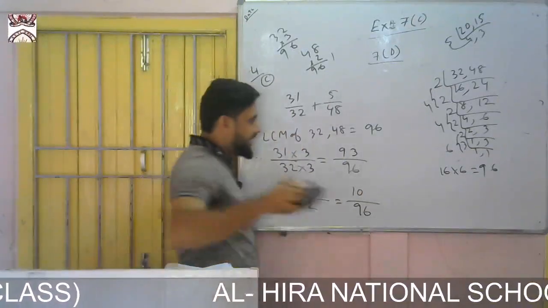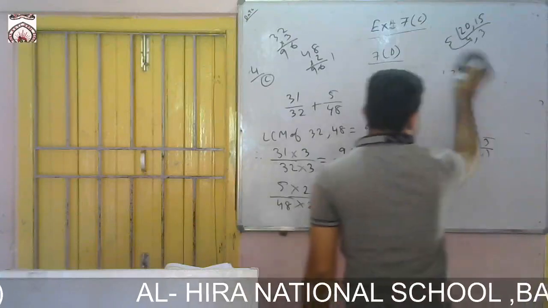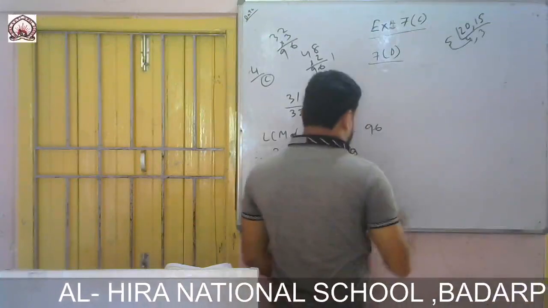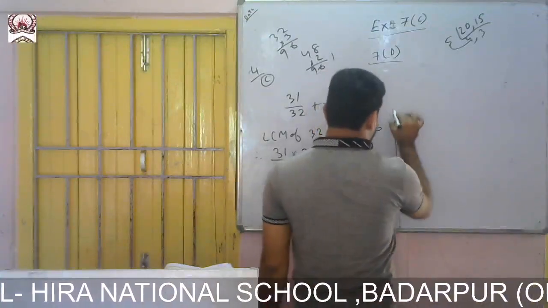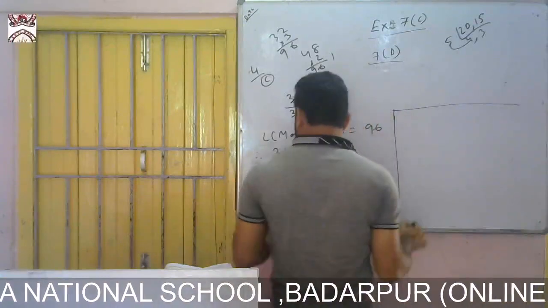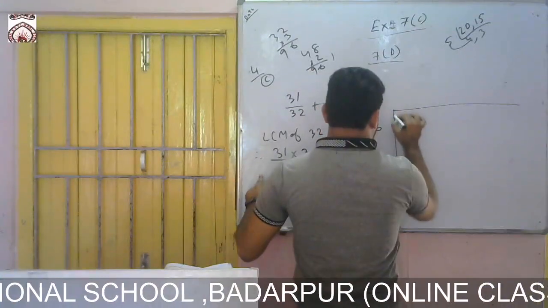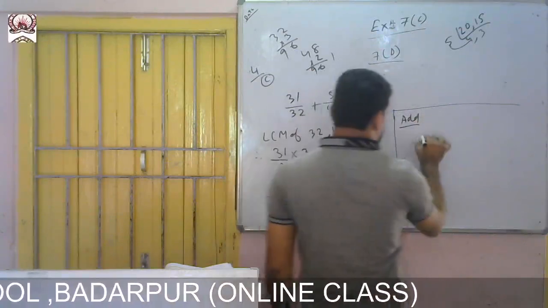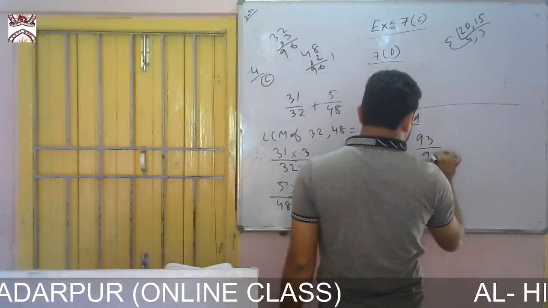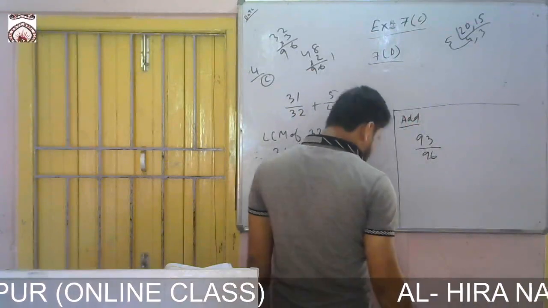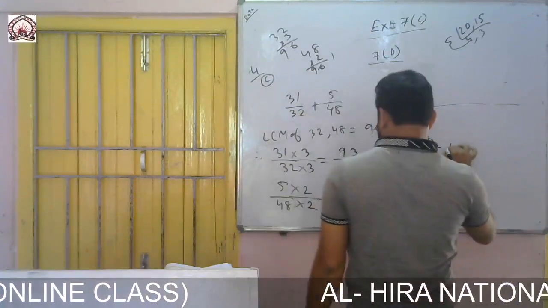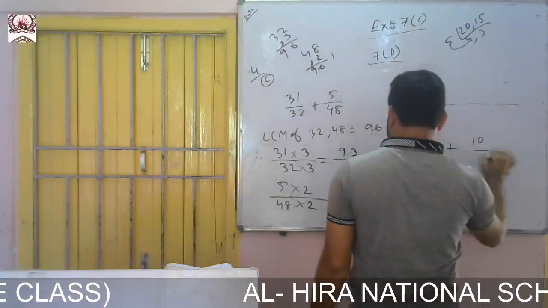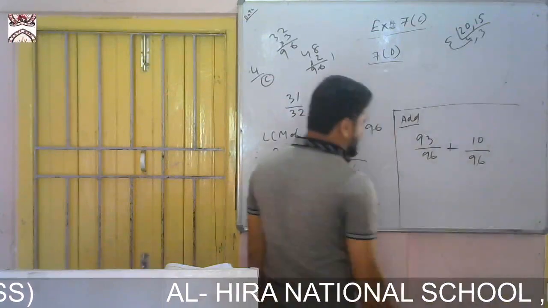Okay. Now you add. So if I add, then 93 by 96 plus 10 by 96. Okay.